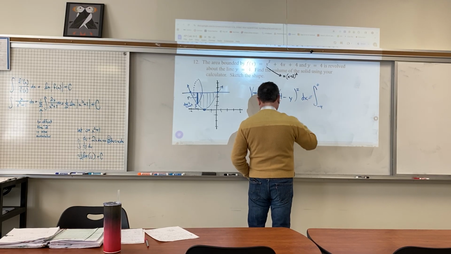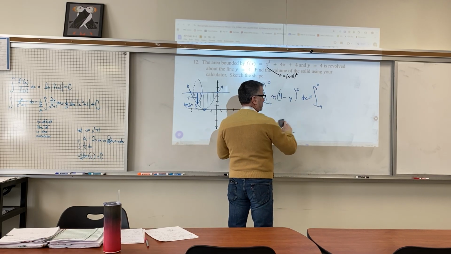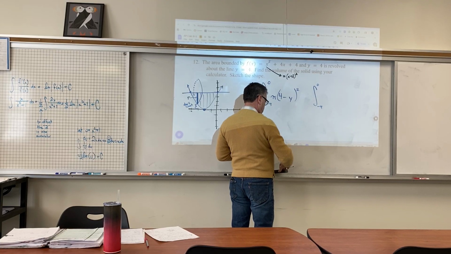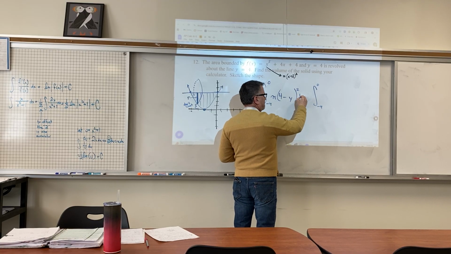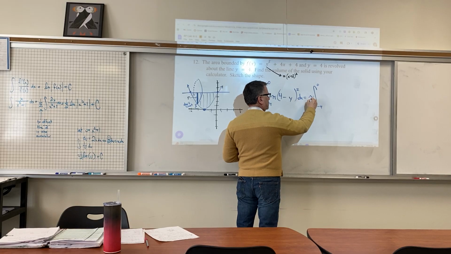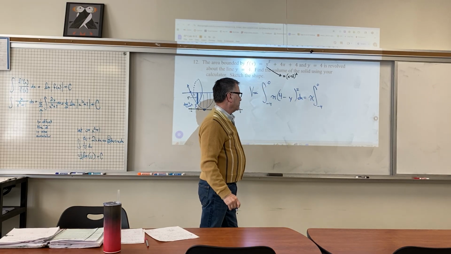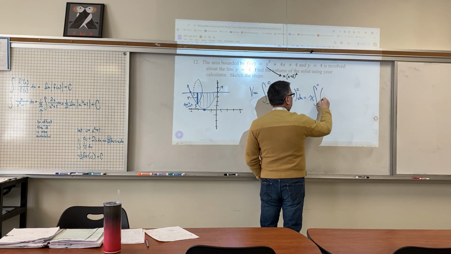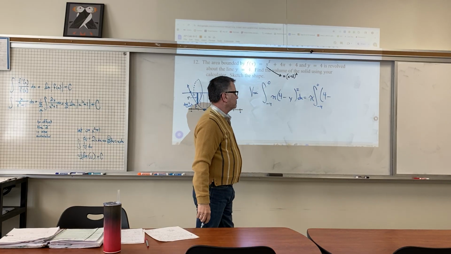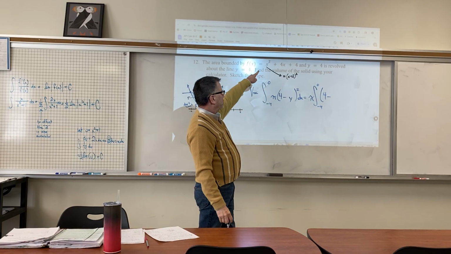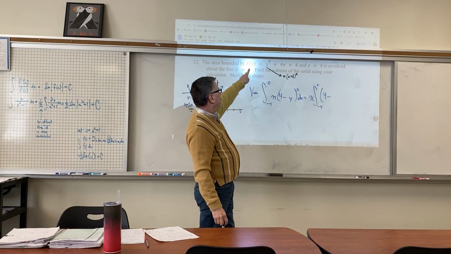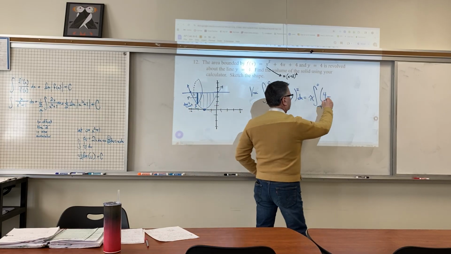Hey, if you want to, we could just go ahead and pull the pi out front, right? That ain't gonna change. Just remember I pulled it out. And then in here, I've got 4 minus. Oh, it's right there.